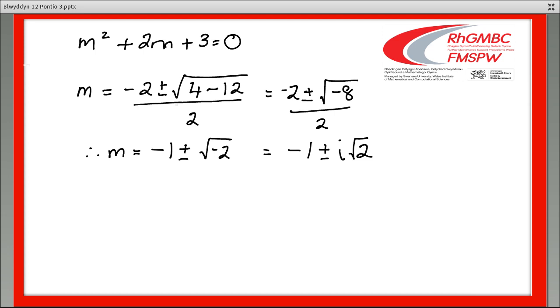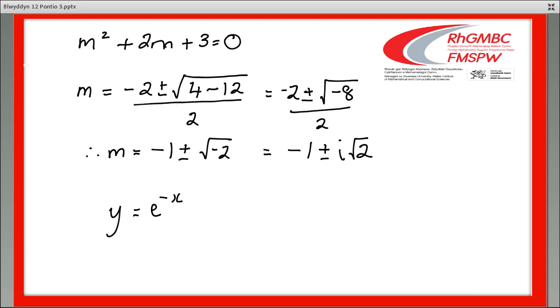So we've got a complex number. And again, how do I deal with that? And the solution to this one is as follows. We have y equals e to the x.